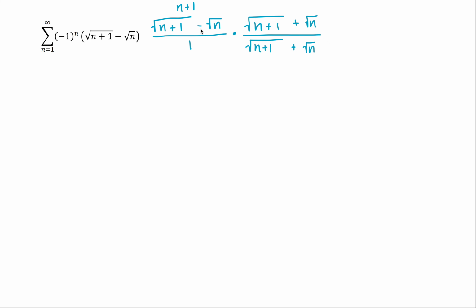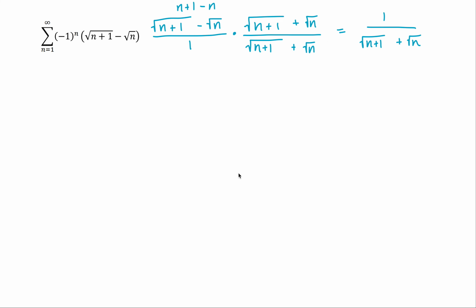Your final term is minus n. So when all is said and done, you just have a 1 in the numerator. So I have 1 over the square root of n plus 1 plus the square root of n. And that's going to help when I test for absolute convergence.